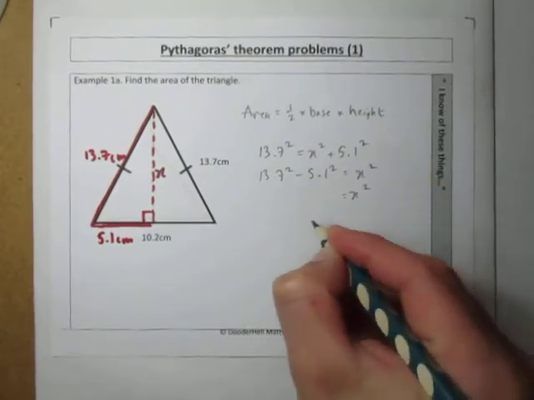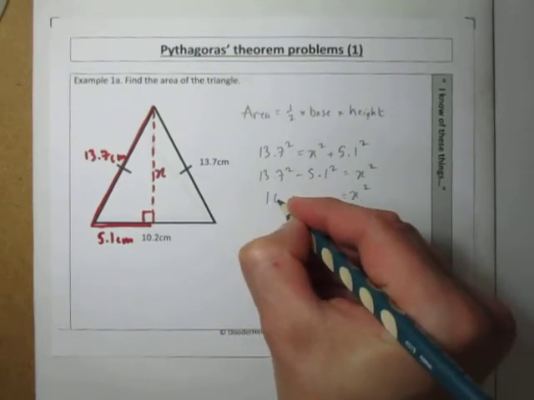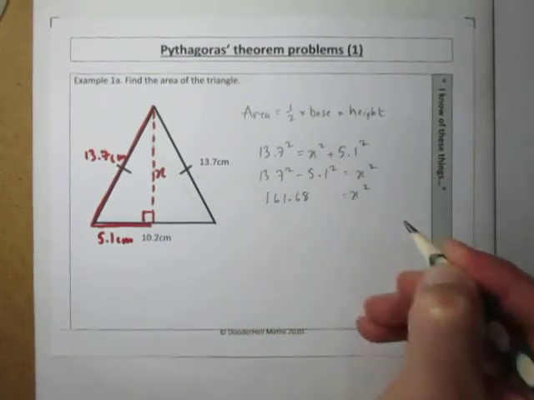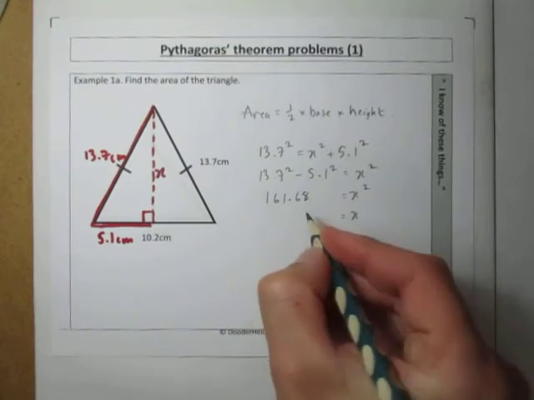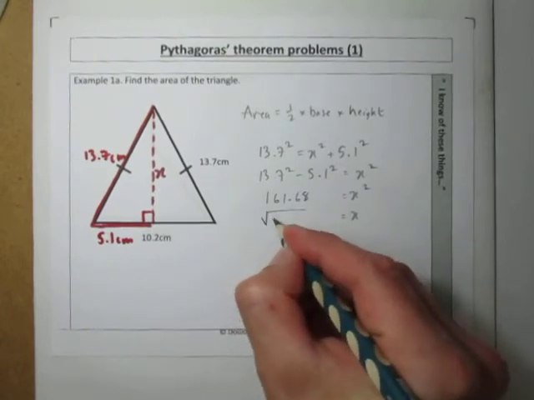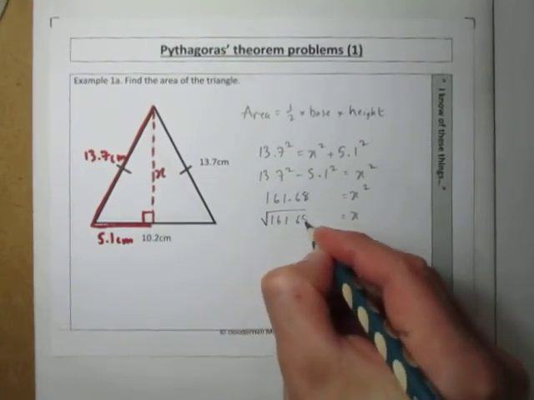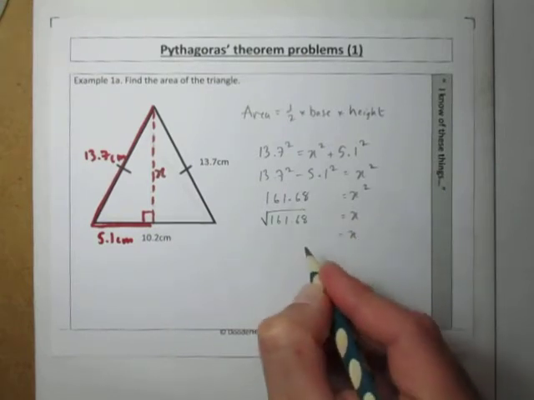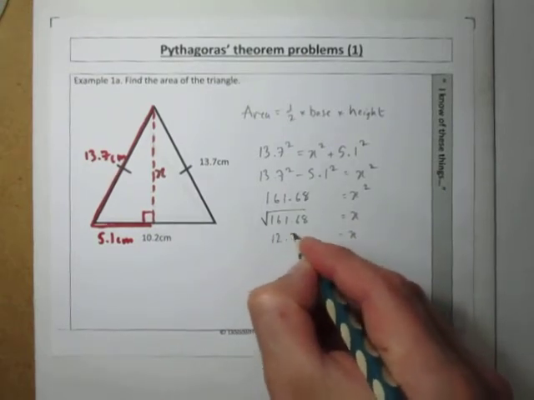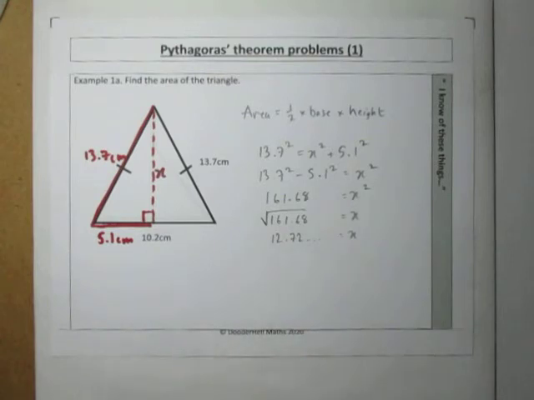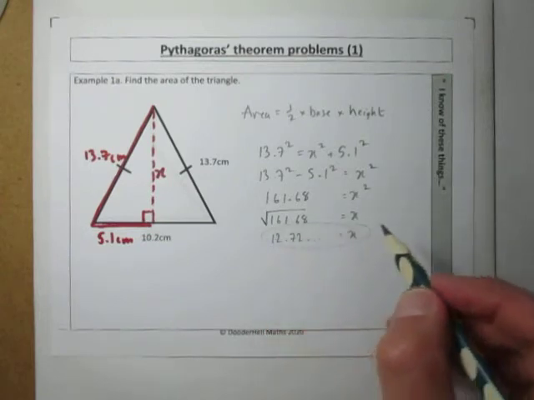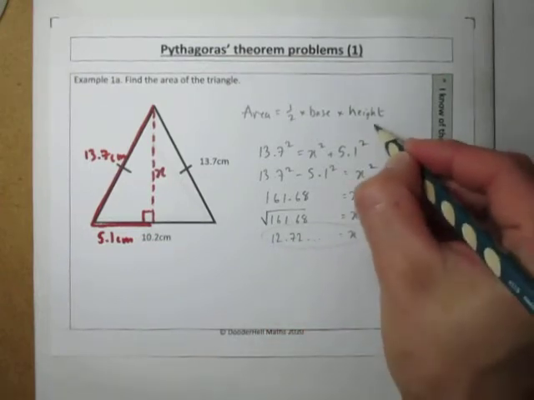Therefore x squared must be equal to 161.68, and x must be therefore equal to the square root of 161.68. X must therefore be equal to 12.72.